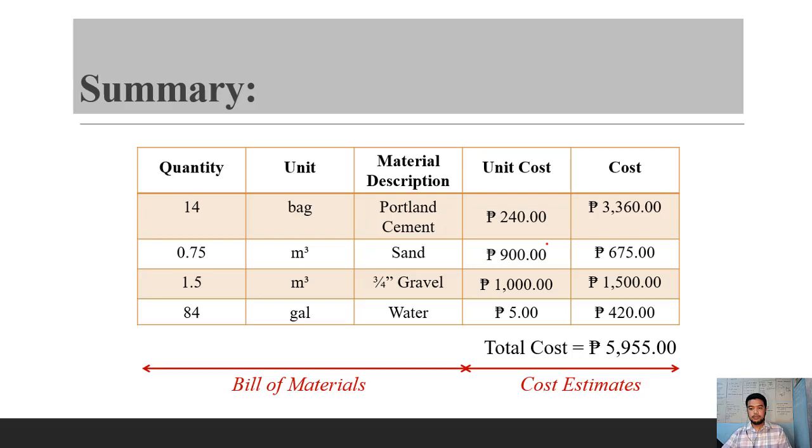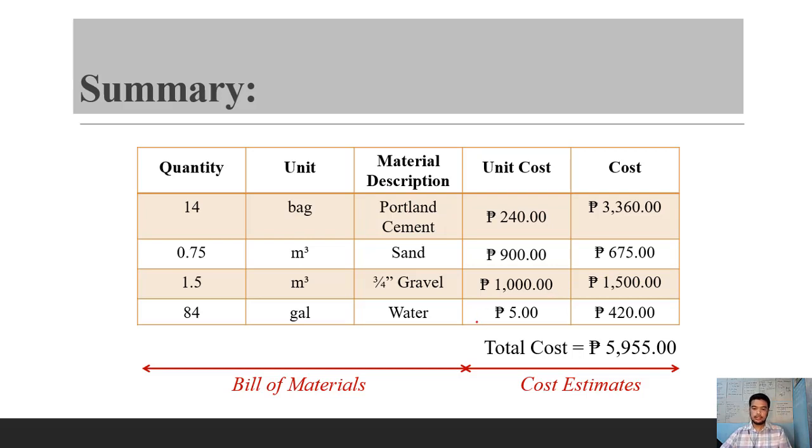Okay, and per cubic meter of sand, that is 900, but you only needed 0.75 cubic meter, that is just 3/4 of a cubic meter. Next, 1.5 cubic meters of gravel. That is 1,000 per cubic meter. That is why if you multiply 1.5 by 1,000, that will now be 1,500.